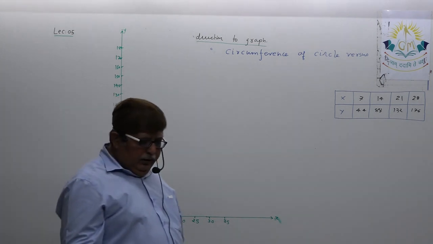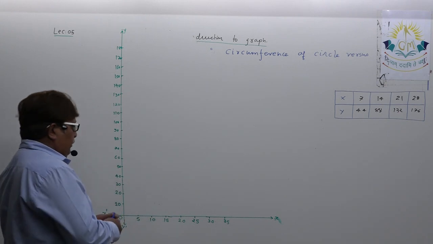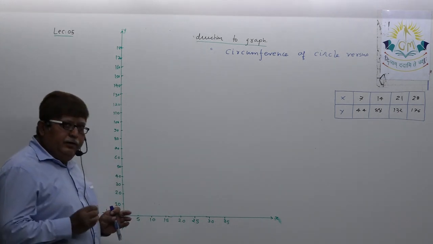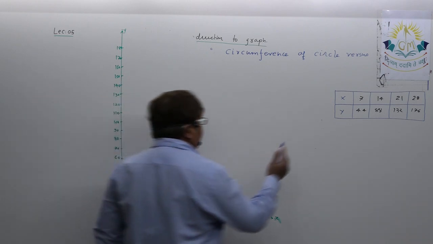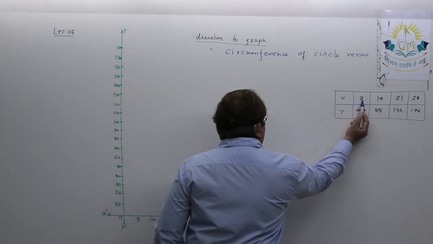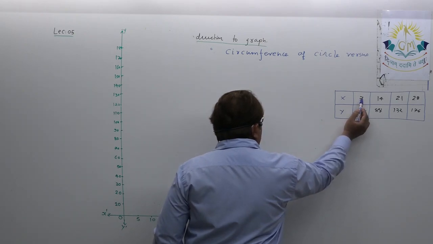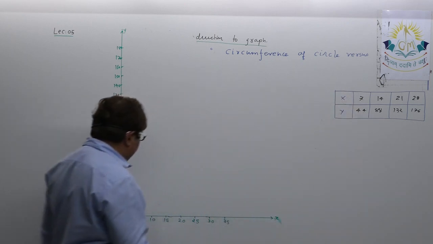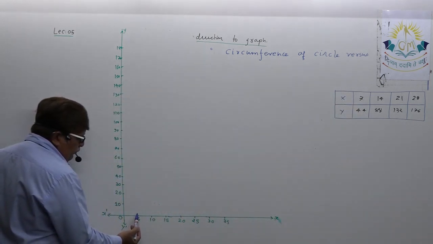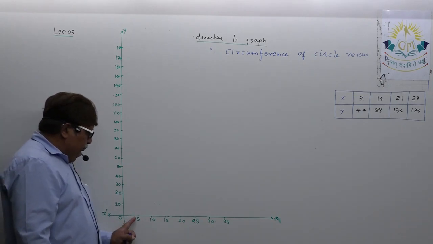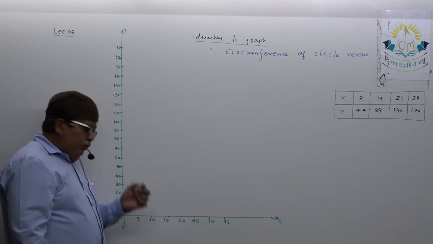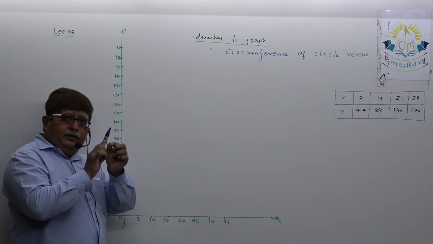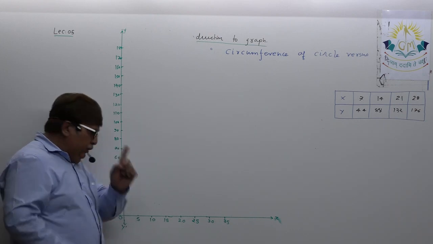Now see, one by one, let us represent the data. First one, please concentrate: x 7, y 44. First you concentrate here only, dear student. See, 7 means we have taken the scale of 5, so every two small lines will constitute 1.